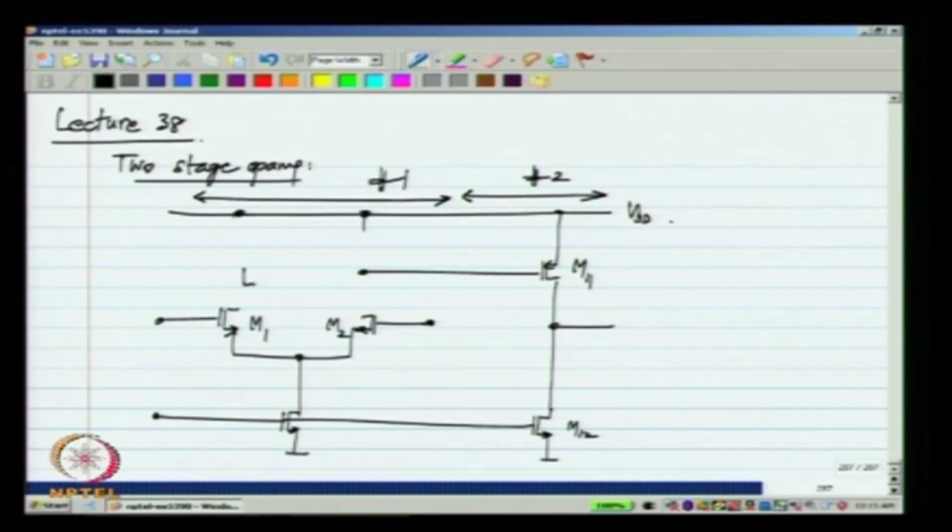For example, I can use a telescopic cascode op amp. I will not show all the biasing details here. Let us assume that these voltages are appropriately set to keep all transistors in saturation.